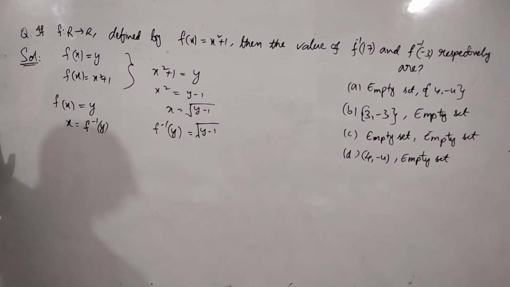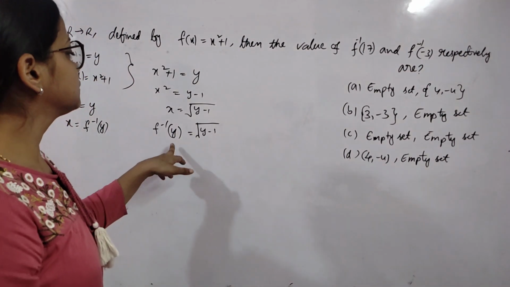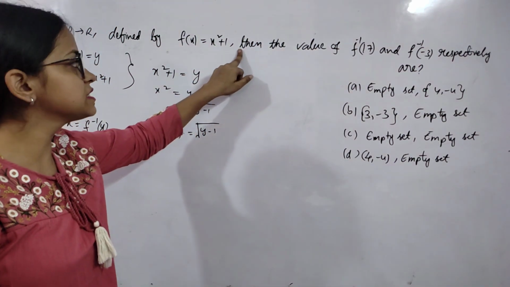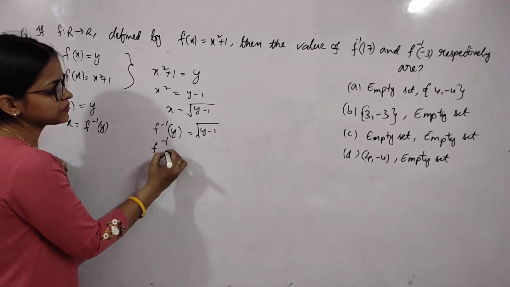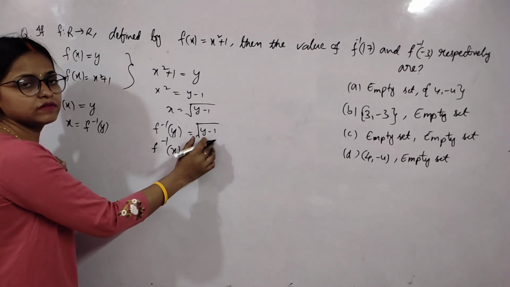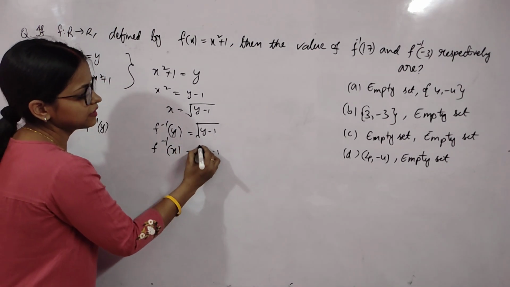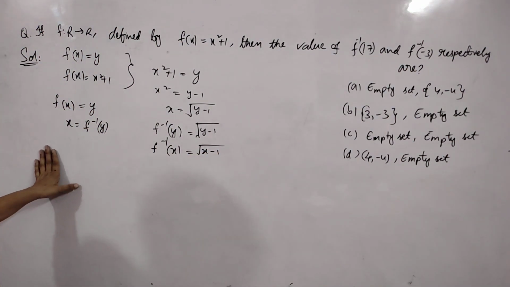But the given function is in terms of x, so now we can convert this into x. Here the function is on y, so you get the answer in y. If we do the function on x, you will get it in terms of x. So this is f inverse of x.